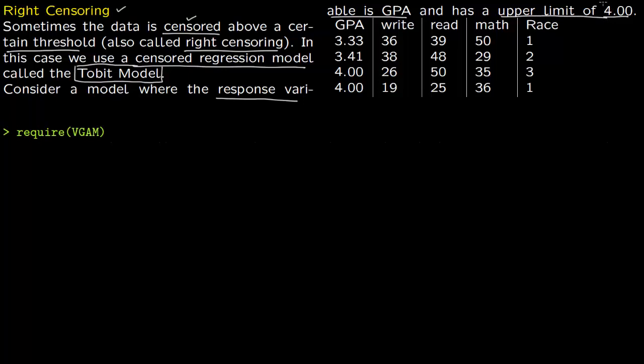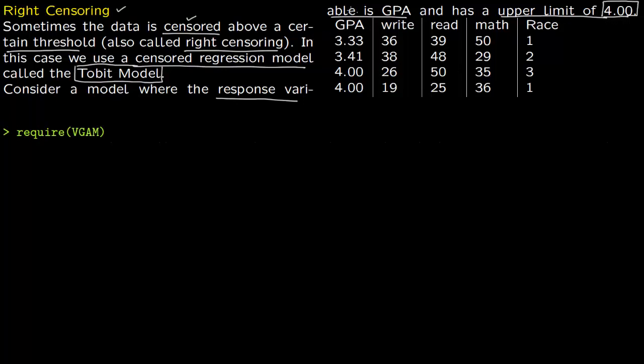So 4 is your maximum possible, and this data is censored above 4. Say there are two students who score exactly 4. Their abilities could be different. One student could be better than the other, but both have scored a maximum of 4. So you cannot tell who is better. This data is an example of censoring from above.